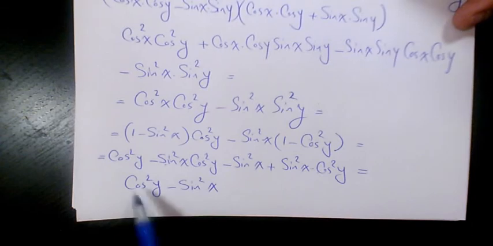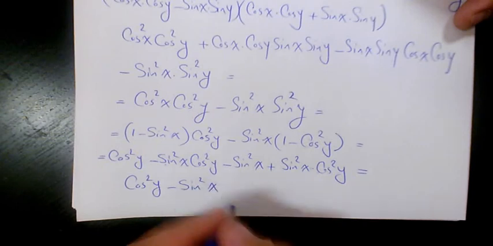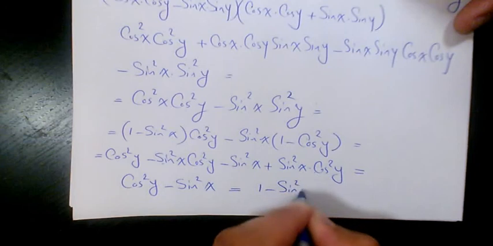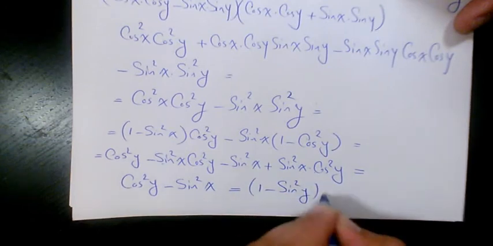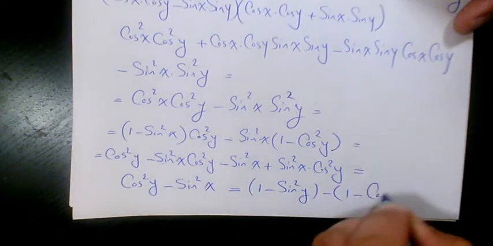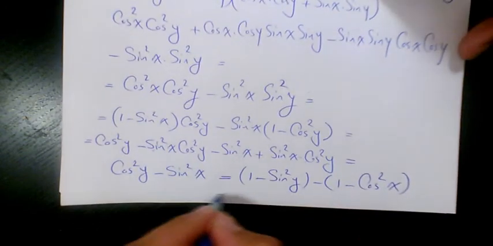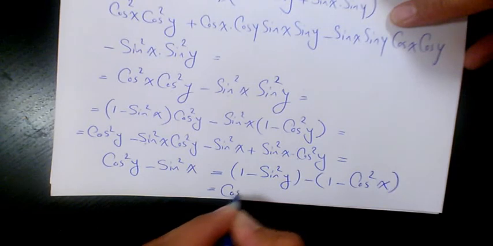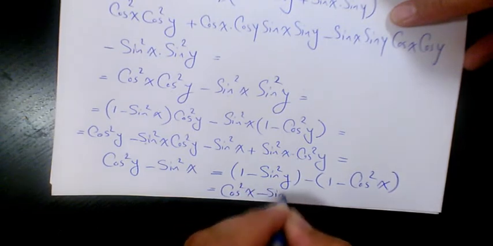Or you can change it to 1 minus sine squared y, and 1 minus sine squared x is going to cancel out, and we're going to have 1 minus sine squared y minus 1 minus cosine squared x. It's going to be cosine squared x minus sine squared y.